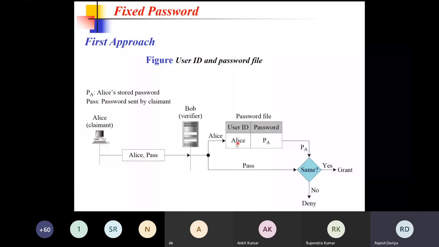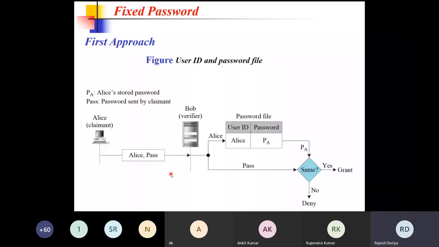Since all the passwords and the identities of all the users are stored in a file, one can try to steal this particular file which contains the passwords of all the communicating parties. Then guessing, of course, whatever passwords are there, one can also try to guess them. So these are the types of attacks which may happen on this particular approach.